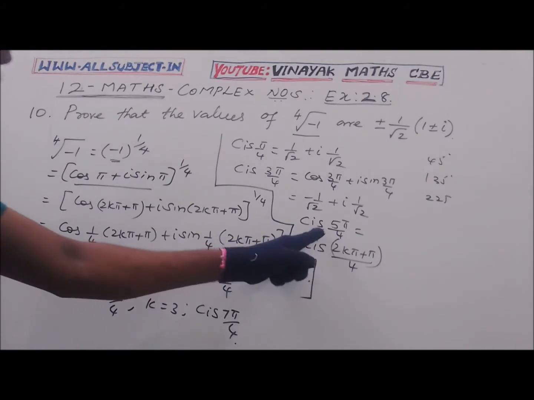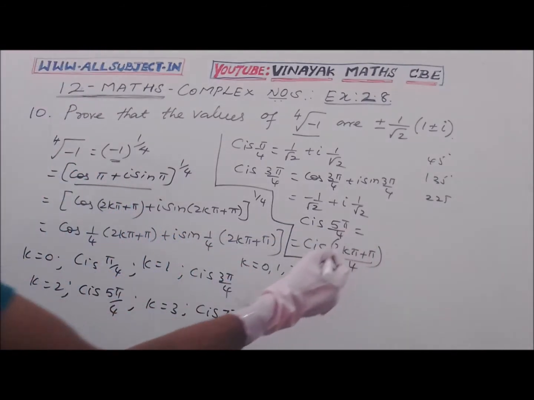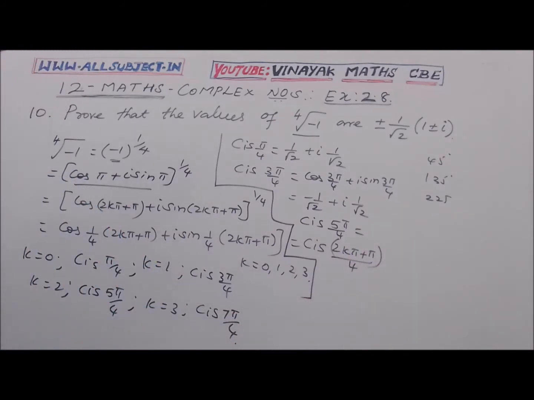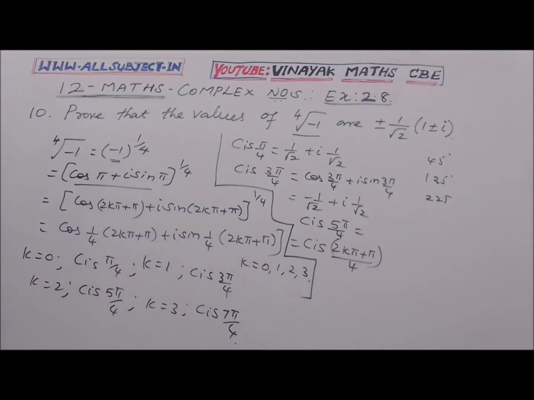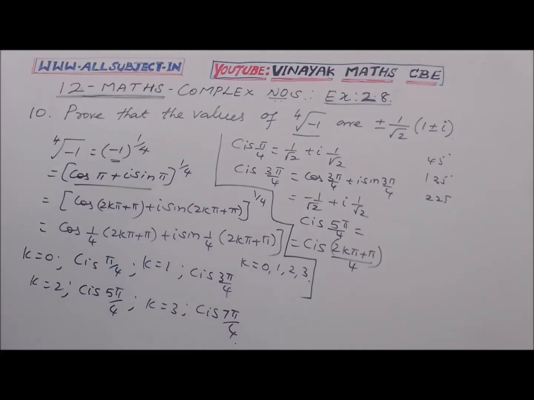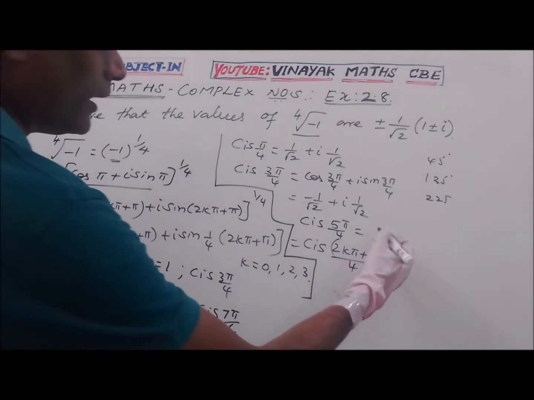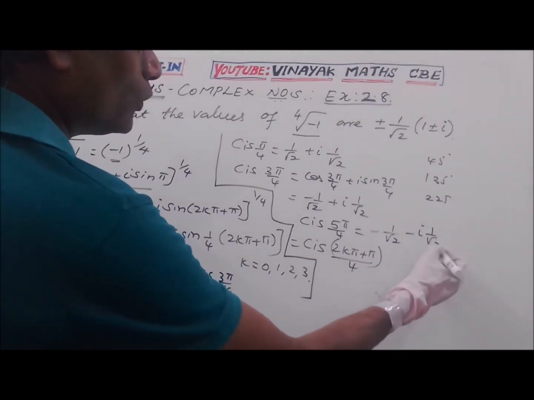Now cis 5 pi by 4 means this is 225 degrees, that is cos 5 pi by 4 plus I sin 5 pi by 4. Both are negative, so that is equal to minus 1 by root 2 minus I 1 by root 2.